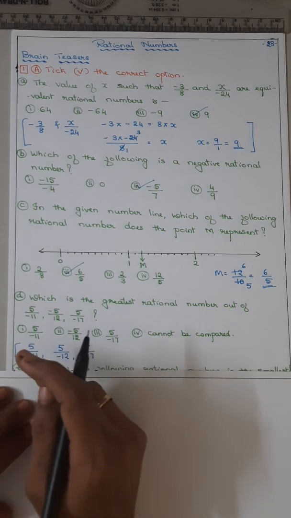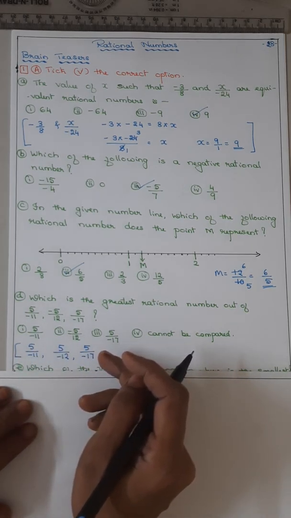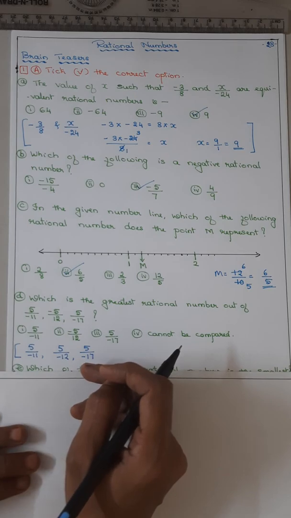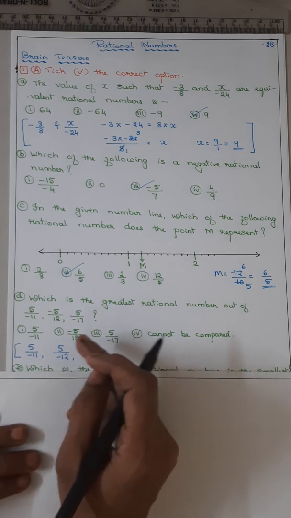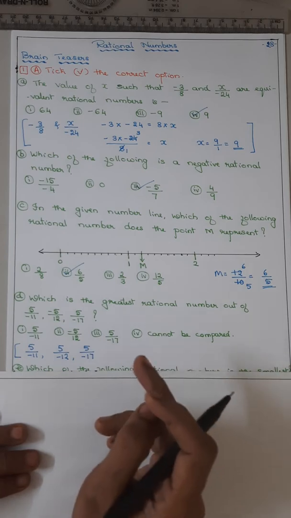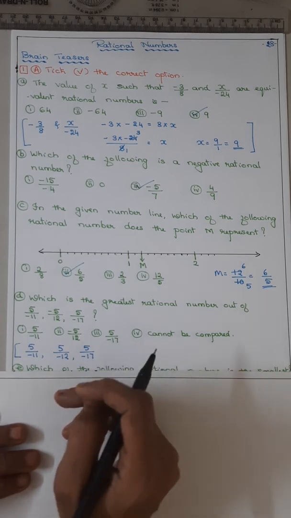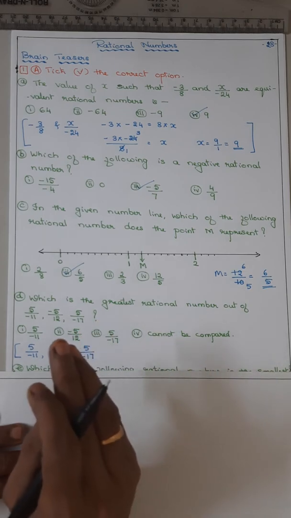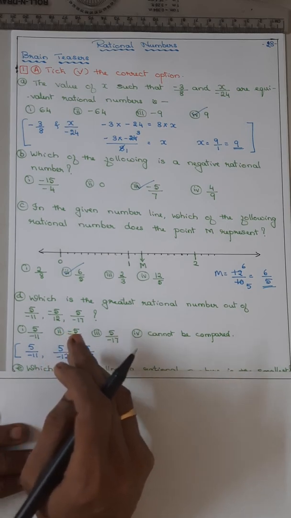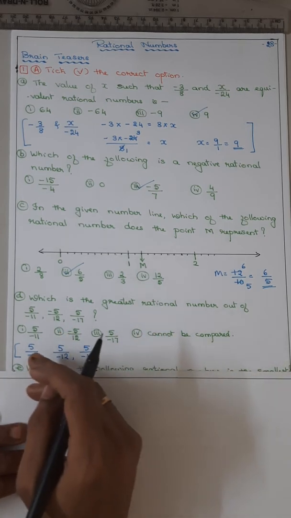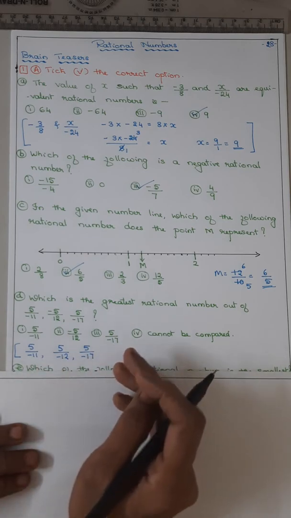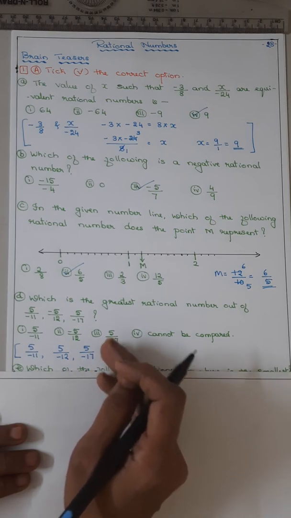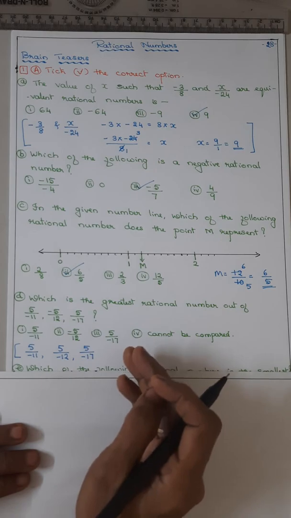Now, when the numerators are the same, if the denominator is the smallest, that rational number will be the greatest. When the denominator is the same, then the one with the smaller numerator is the smallest rational number. Here it is opposite. So when the numerator is the same, the rational number with the smallest denominator will be the greatest.